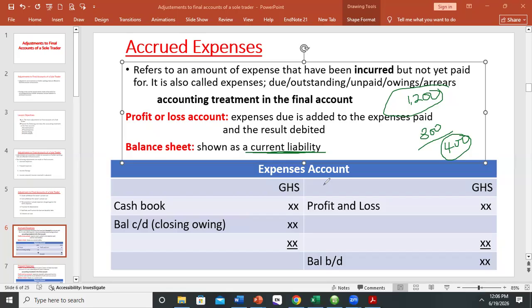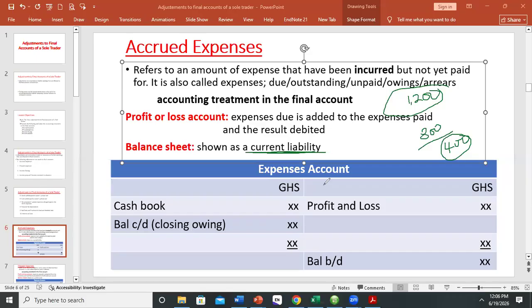So is the expenses due the amounts that you are owing, they have not paid? Exactly. So why is it added to the expenses that you have paid? Let me ask you a question.